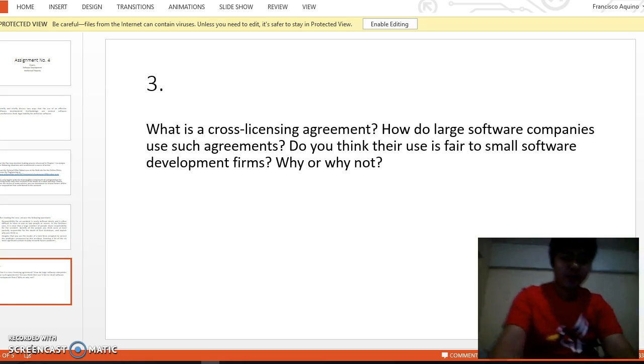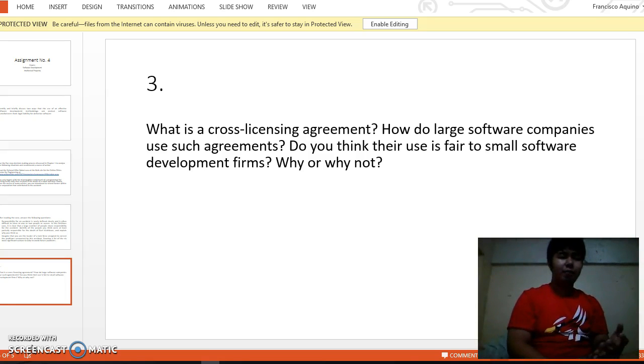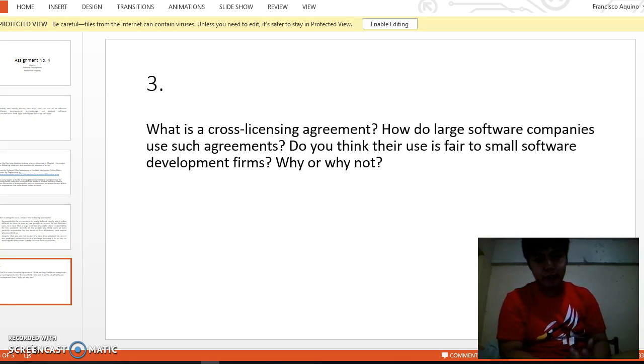A cross-licensing agreement is an agreement for large companies to have approval from other companies for the software that will be used and deployed to other companies. It must have a licensing agreement with the other company.